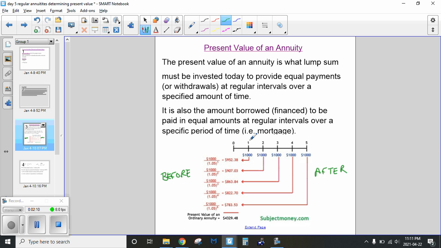But at the end of year 1, I want to be able to withdraw $1,000. So I'm hoping I can withdraw $1,000 every year or every month or something like that. In order for the $1,000 to be there, I must have deposited a principal amount of $952.38 in order for it to grow to the $1,000 by the end of the year.